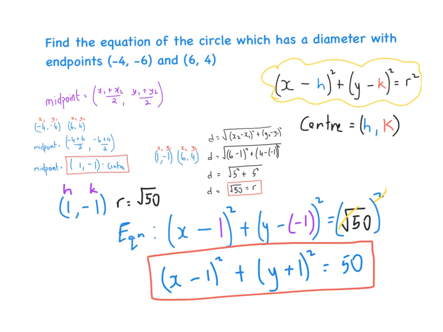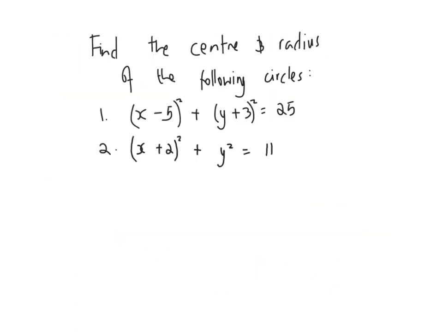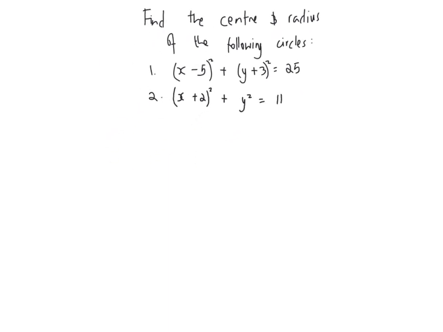So actually, we'll take one last look at a couple of questions here as well, some simpler ones. Okay, so here we are asked to find the center and radius of the following circles where we've been given the equation of the circle. So starting off with number 1 there, we have x minus 5, all to be squared, plus y plus 3, all to be squared, is equal to 25.